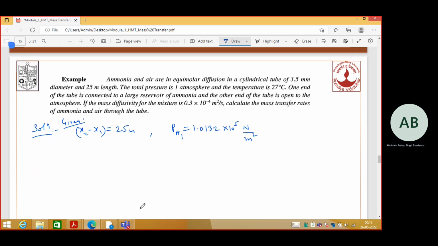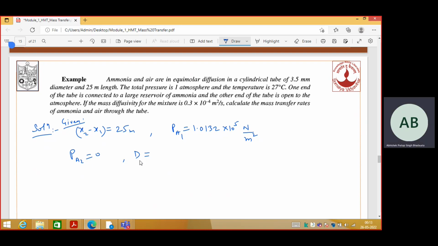Now we'll talk about the second one, that is PA2. We are talking about equimolar diffusion, Na. Now this PA2 is equal to 0, and here the diffusion coefficient is also given.